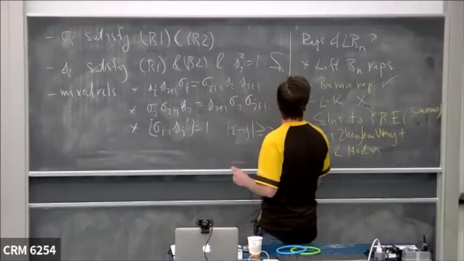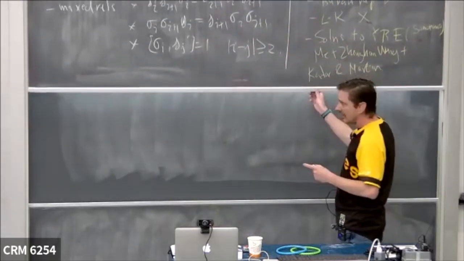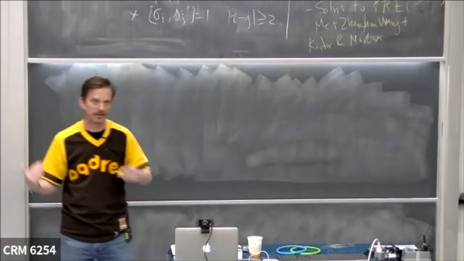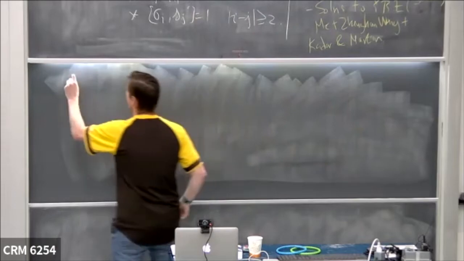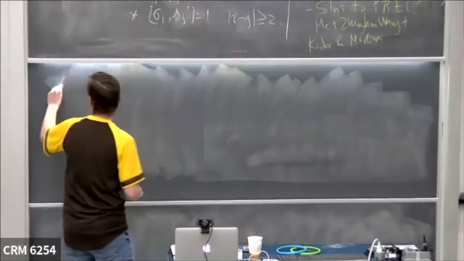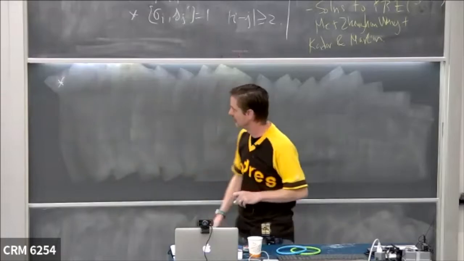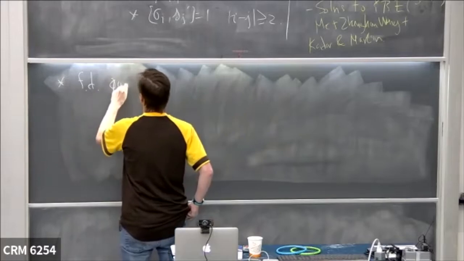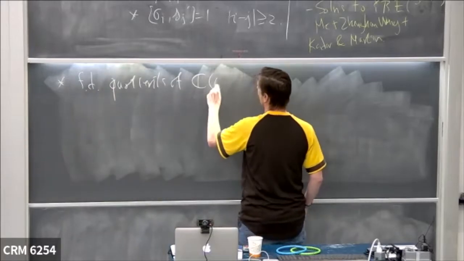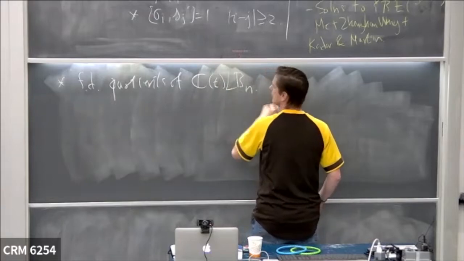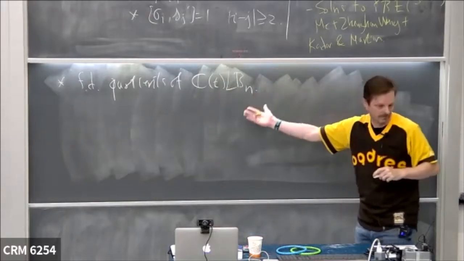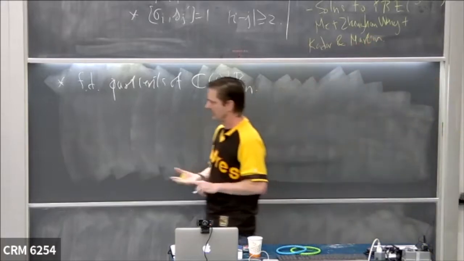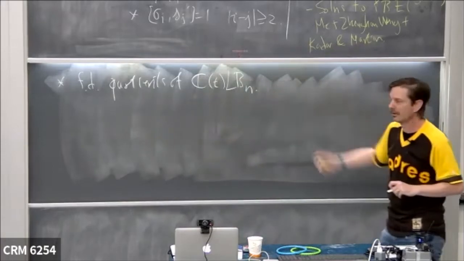Now, there's another way. We can try to lift representations, or we can be inspired by the representations of the braid group. So another approach would be to think about finite dimensional quotients of, say, the group algebra of this group. This is something that for braid groups has been done a lot: Hecke algebras, BMW algebras, etc. There are ways of doing this.